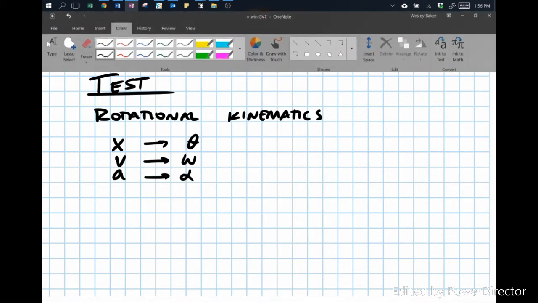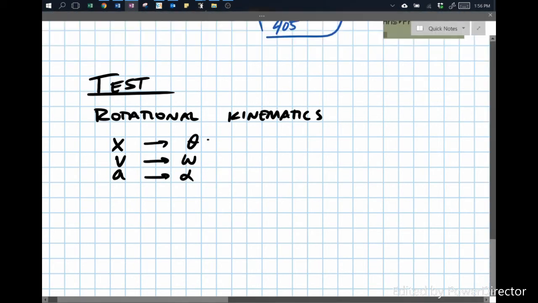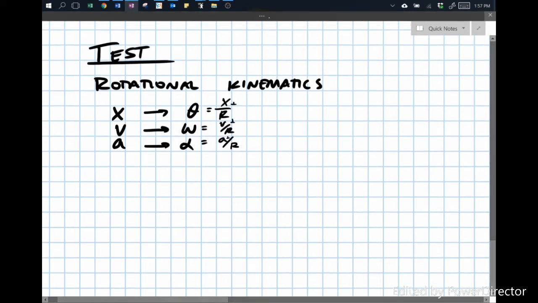And for our definitions, we're going to say that theta is x over r, omega is v over r, and alpha is a over r. And it's the perpendicular part of x, the perpendicular part of the velocity, the perpendicular part of a, because we're talking about going around in a circle.